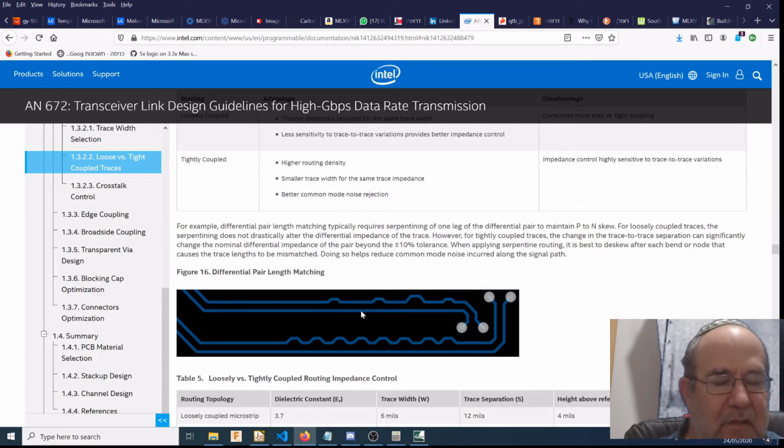Differential pairs, in theory, at the same point in time, your edge needs to go down the wire from your source to your end node. Okay, and your edge is what you want to get to your end node at the same time on both lines of your differential pair.